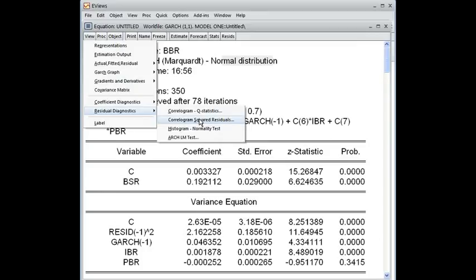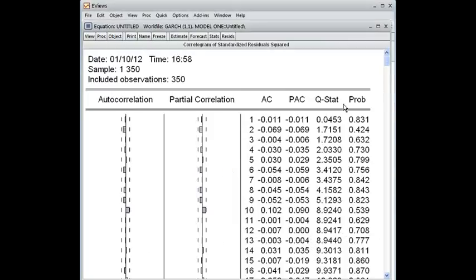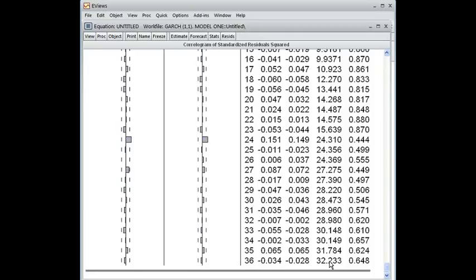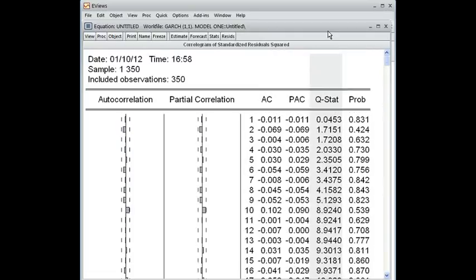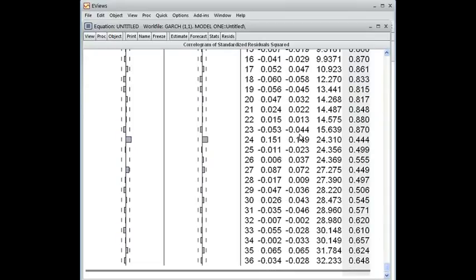We choose 36 lags, okay. So here is the Q-statistics, with the corresponding p-values, in the correlogram of squared residuals.